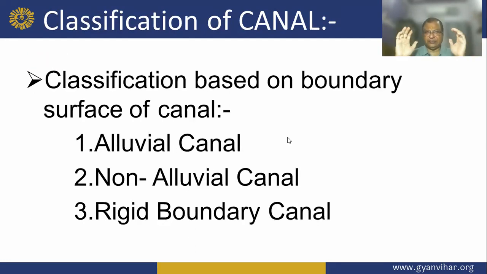Now, classification based on the boundary surface of the canal. So, alluvial canal, non-alluvial canal, and rigid boundary canal. These are seen by bifurcation.